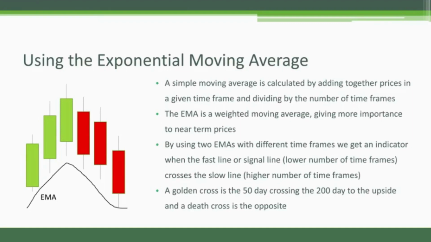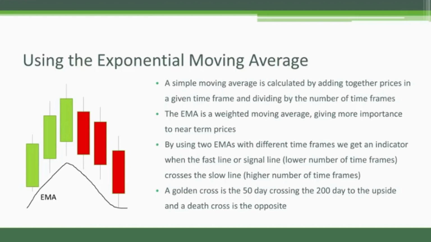The EMA, or the exponential moving average, is calculated in the same way, except the closer time frames, so the closer days, are given more weight than further out days. So yesterday's closing price would be given more weight than the day before, which would be given more weight than the day before. We can use EMAs in a couple of different ways.